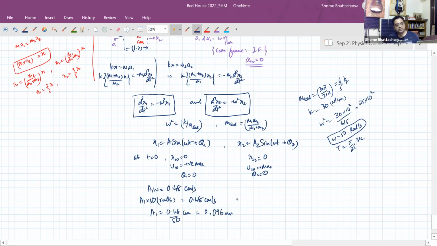So I can write this in millimeters like this. And again, A2 omega was 0.72 centimeters per second.